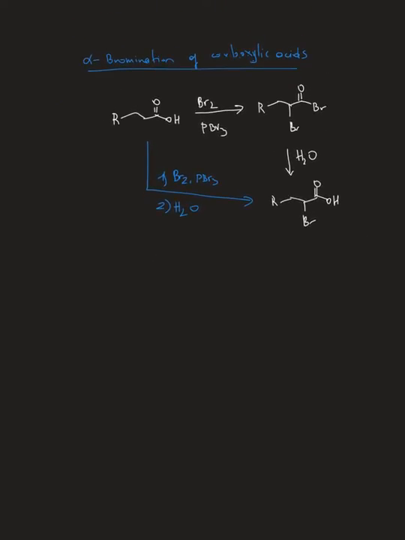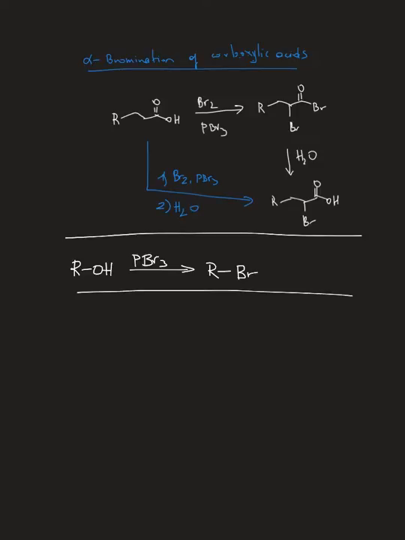All right, let's look at the mechanism of this reaction, right? So how does this happen? Before that, I want to remind you of one reaction that you learned last semester, which is that if you take alcohols and treat them with PBr3, you will form bromoalkanes, for example, right? The first step of this reaction is actually pretty similar.